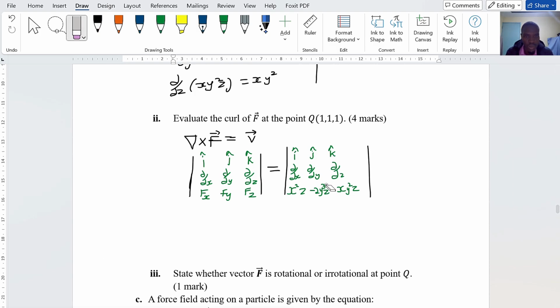And if this looks bad, I can move this here, so d over dz, and I move k here. I can also switch this one to the center position. So we have j, which is d over dy.